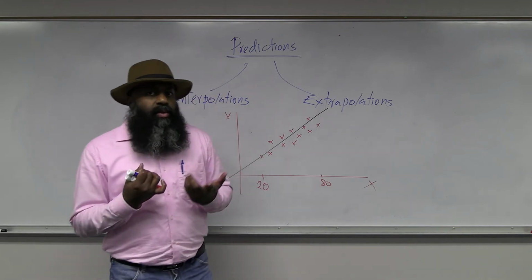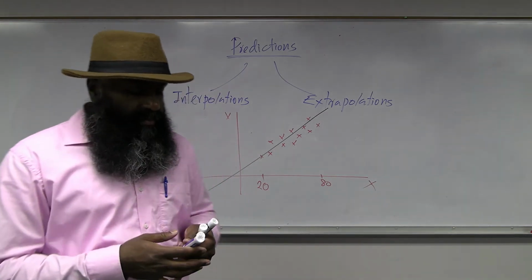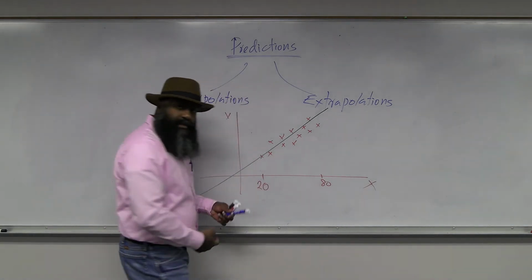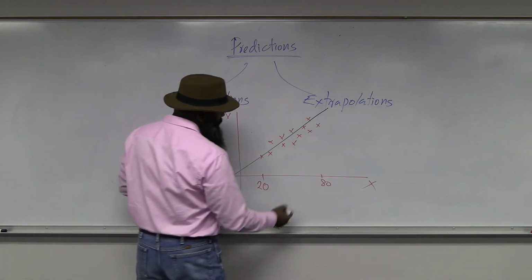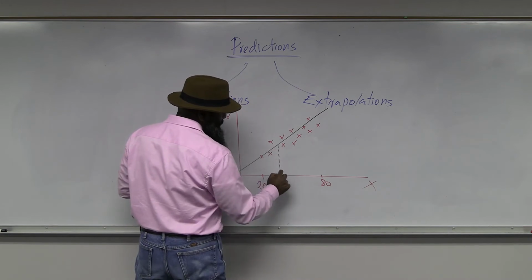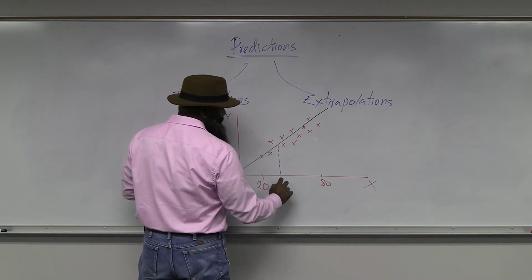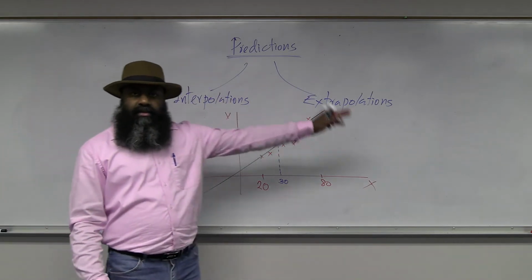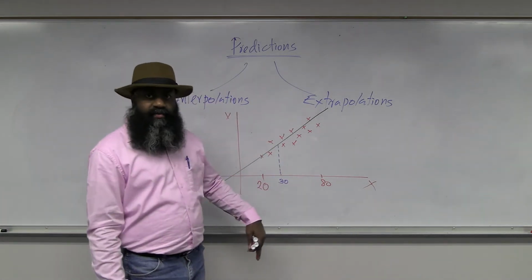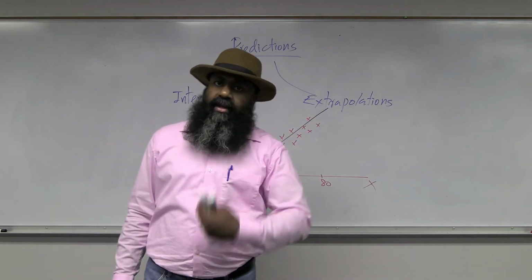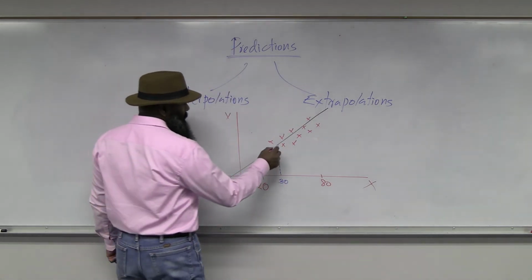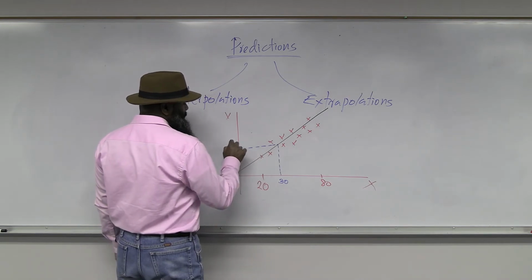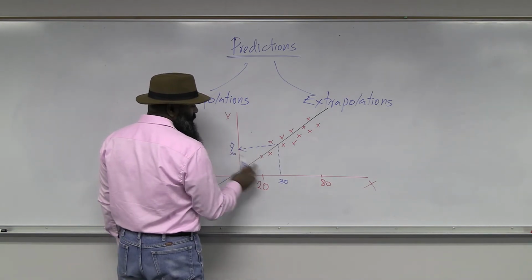Now, if I need to do a prediction for an x value which is between 20 and 80, I need to find the y value. Say, for example, if I need to do a prediction for x equals 30, using the equation, I just have to plug in 30 for x in that equation, and I will get a calculated y value, let's say y hat sub 30 for this x.